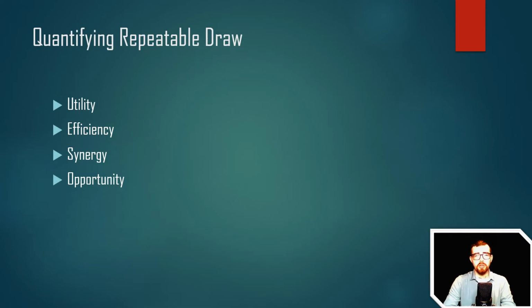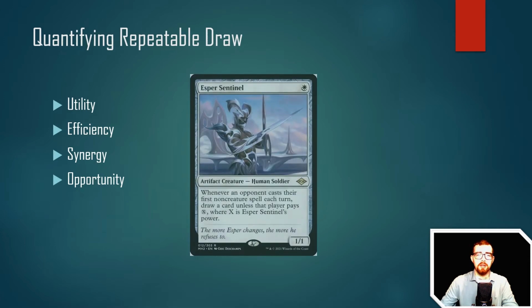So let's actually utilize these different questions. We're going to talk about our 4 core measurements and how they stack up when you're looking at repeatable card draw. We're going to use Esper Sentinel as our example. So in the realm of utility, what does this look like? Well, this is card draw, so it scores 1 point, right?